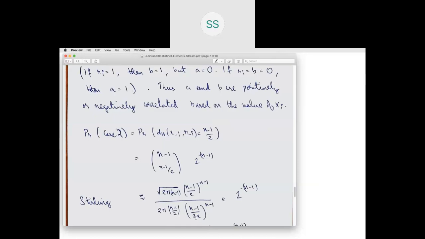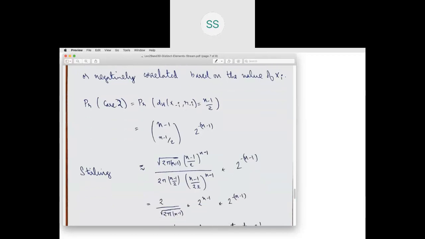And you have (n minus 1) divided by 2e whole power (n minus 1) by 2 occurring twice. So again, the divided by 2 gets removed from the power. So now you can see that this term and this term cancel out except for the 2 power n minus 1. Of course, we have the 2 power minus (n minus 1) coming from here. So this and this get cancelled out except for the 2 power n minus 1 that I'm writing here. Square root of this 2 is taken to the numerator, and then square root of 2 pi gets cancelled. Square root of n minus 1 remains.